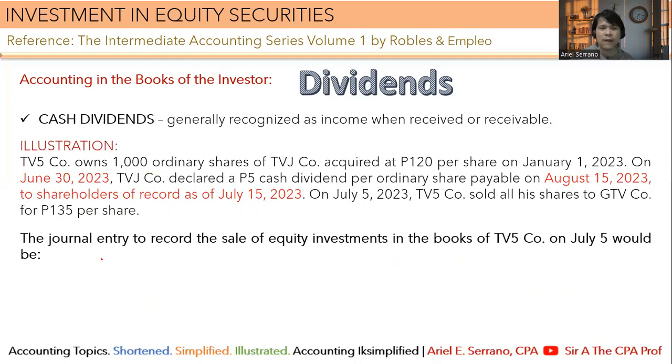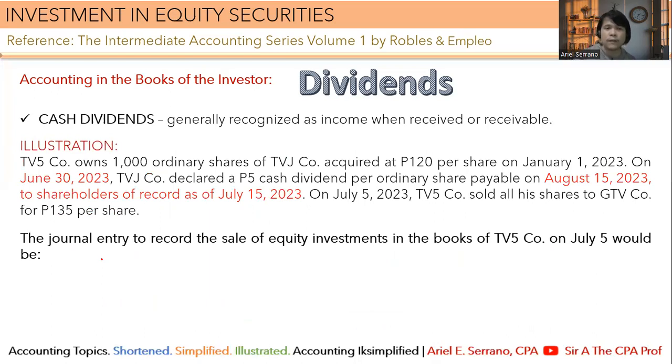Binodify natin si TV5 at si TVJ. Nilagyan natin ng petsa. So, on June 30, 2023, TVJ company declared the 5 peso cash dividend, payable August 15, 2023 to shareholders of record as of July 15, 2023.